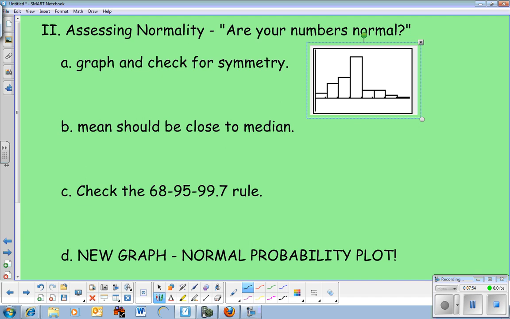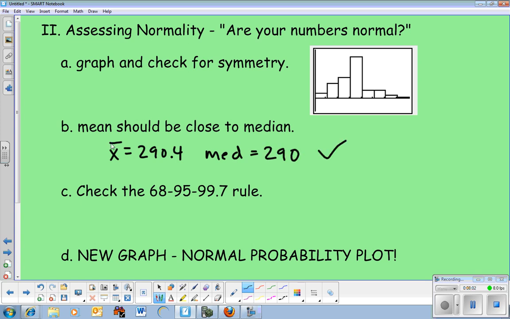The mean was 290.4. The median was 290. So that, I'm thinking, is good. That's evidence for normal. Smiley face there. The last one didn't really show normal, but it didn't rule it out. So I'm giving that a straight face, because it's still pretty decent evidence for normal.